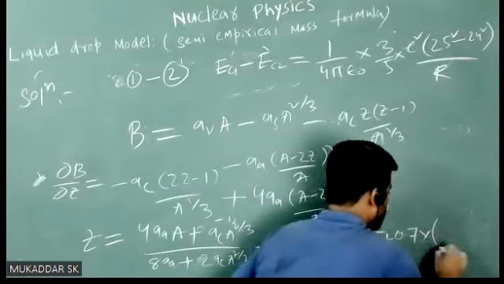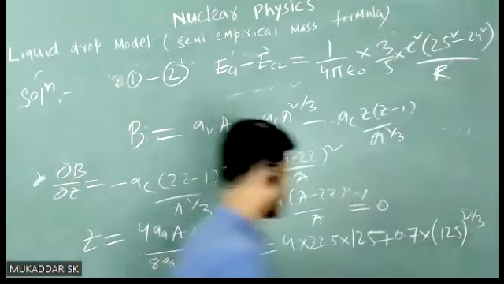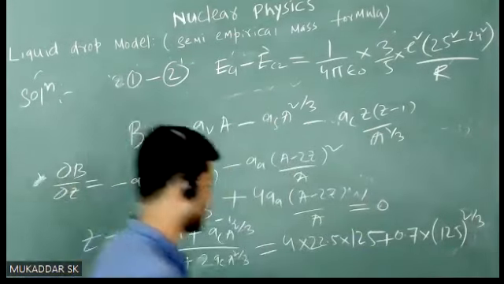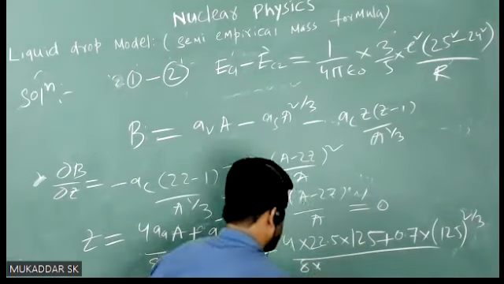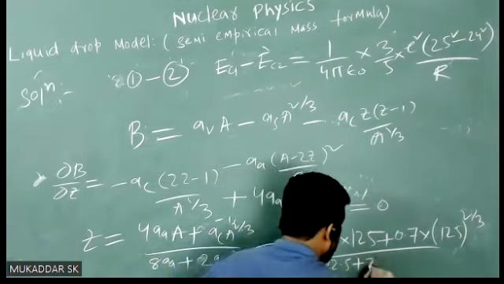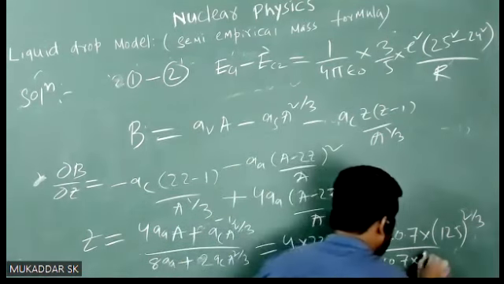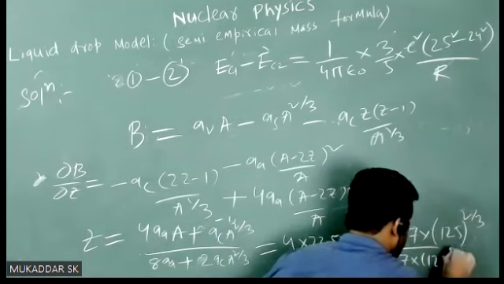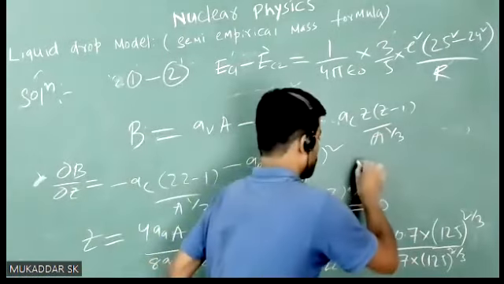Then you will have 125 to the power 2/3. Further you will have 8 times a_A, which is 22.5, then 2AC which is 0.7, times A to the power 2/3.